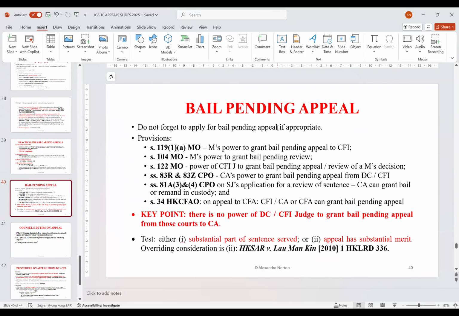Okay, so if you are appealing, and in your exam, hopefully you'll be able to identify, as a general rule of thumb, at least 3 grounds of appeal against conviction. If you can't identify 3 grounds of appeal, something is seriously wrong. And if it's lack of preparation on your part, then that's on you.